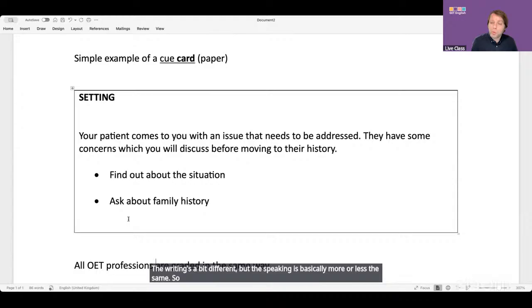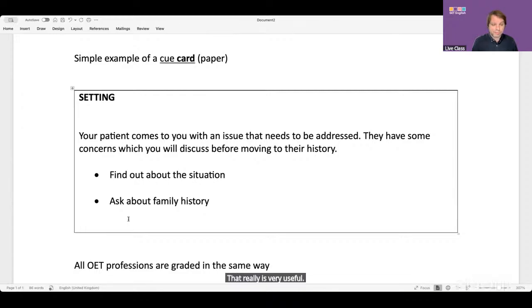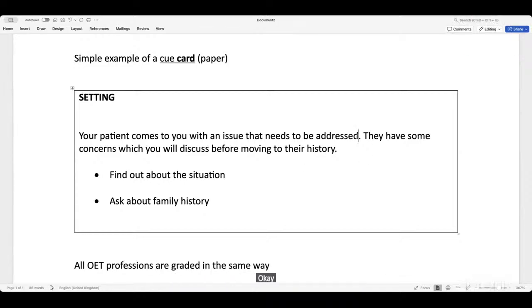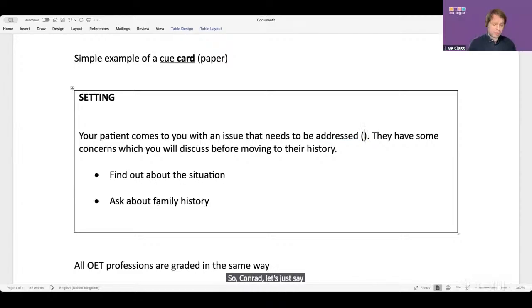So today, what I want to do is focus on one skill that really is very useful. And I need a patient. Could I have someone to be my patient? Maybe Conrad, could you be my patient? Conrad, let's just say that you have a headache.